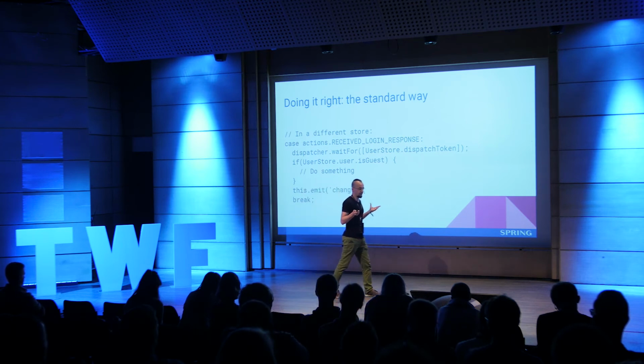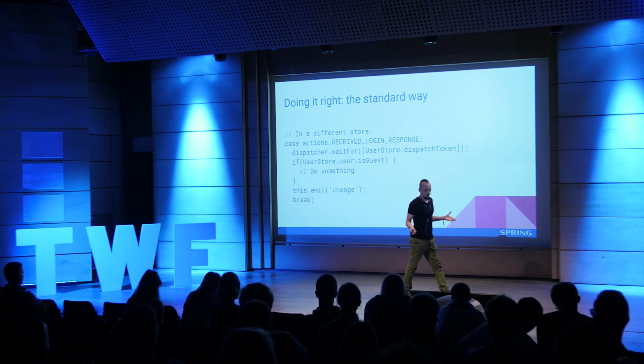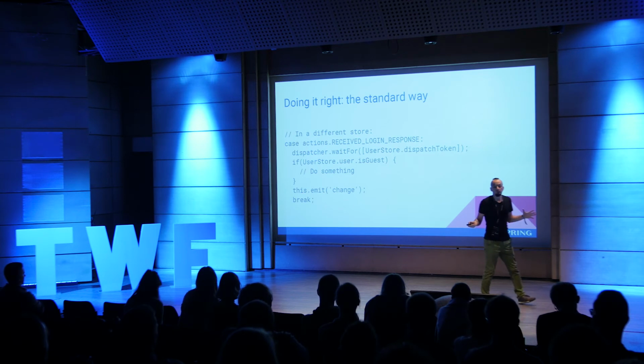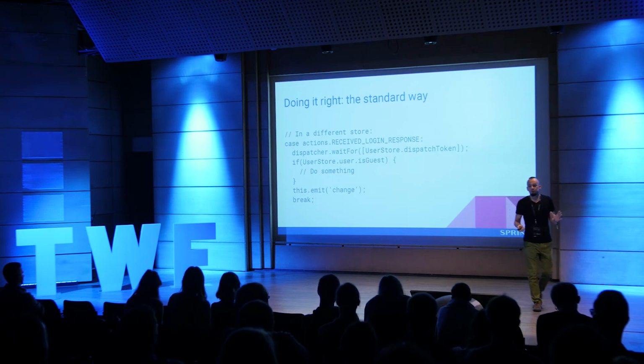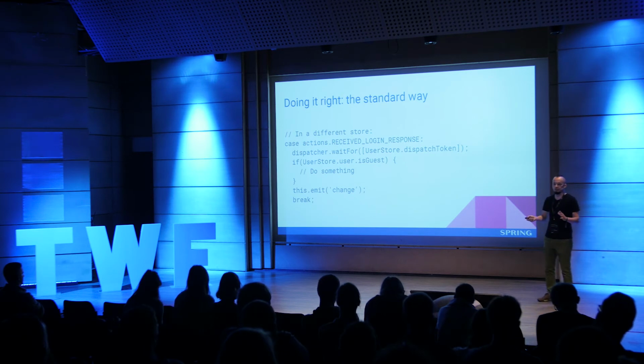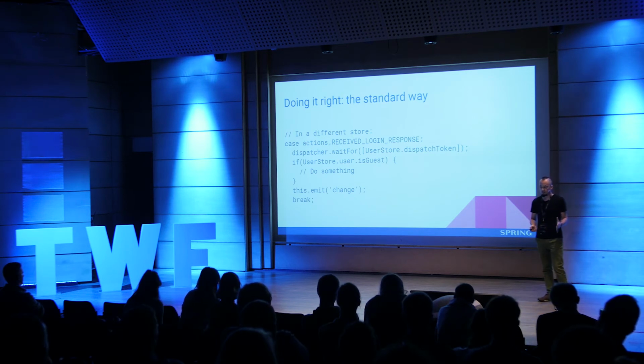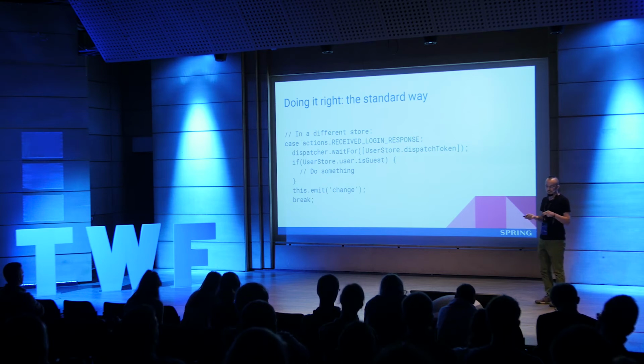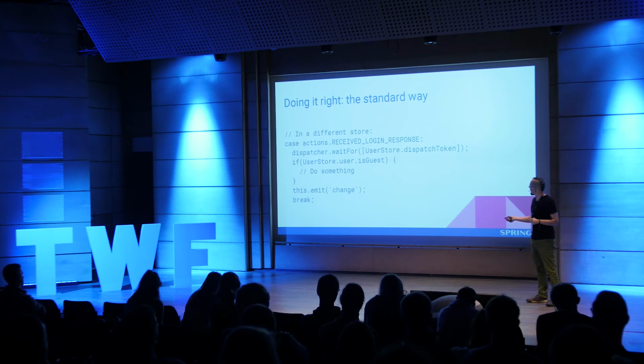So in this different store, first of all, we can obviously refrain from declaring this another type of action in the first place. Only rely on the received login response. And in another store, we can wait for this buddy and consume the results of its hard work.